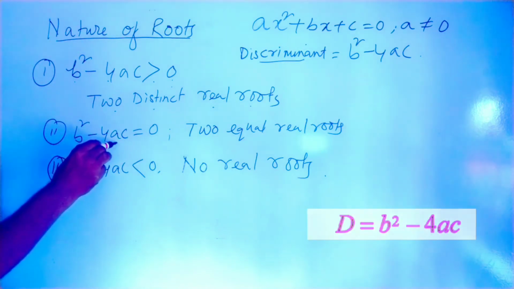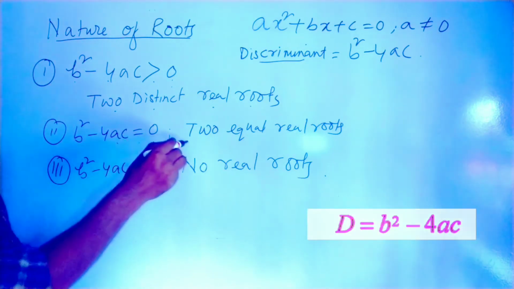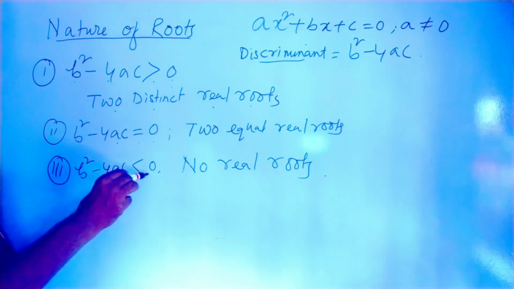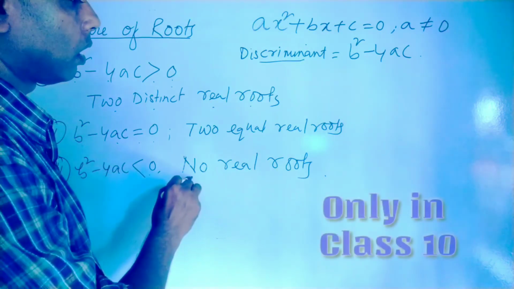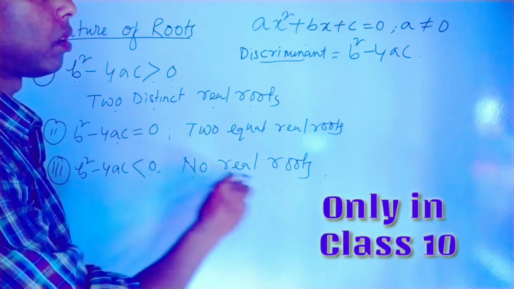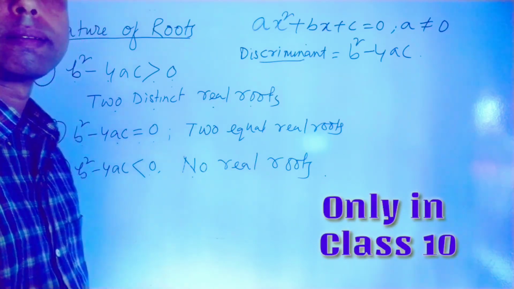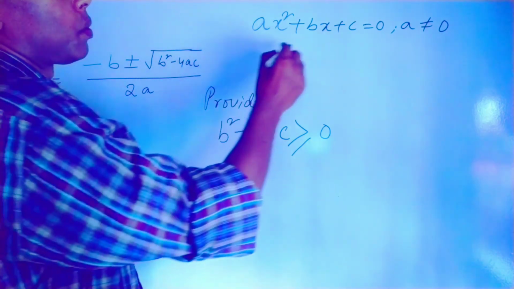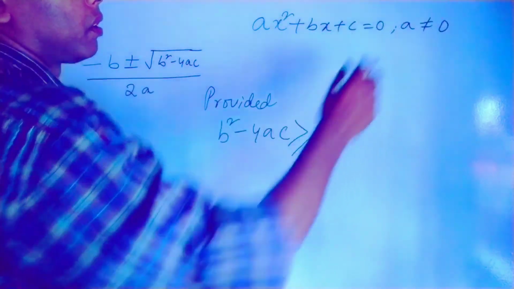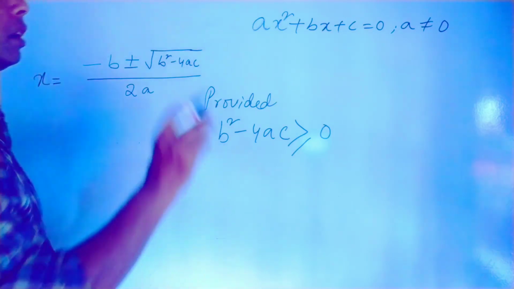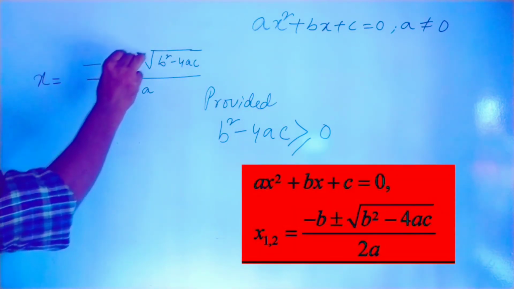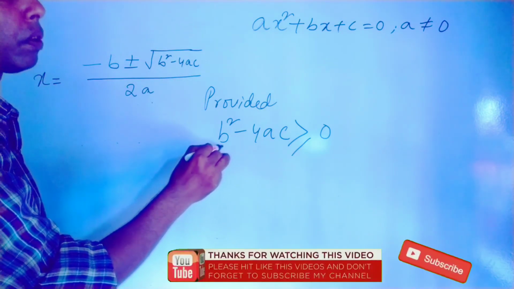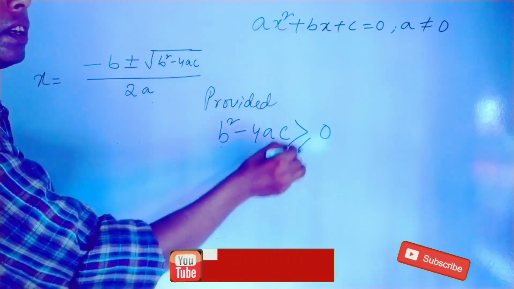If b square minus 4ac is equal to 0, then we have two equal roots. If b square minus 4ac is less than 0, we don't have real roots. For a quadratic equation ax square plus bx plus c equal to 0, where a is not equal to 0, the roots are minus b plus minus root over b square minus 4ac, over 2a, provided b square minus 4ac is greater than or equal to 0.